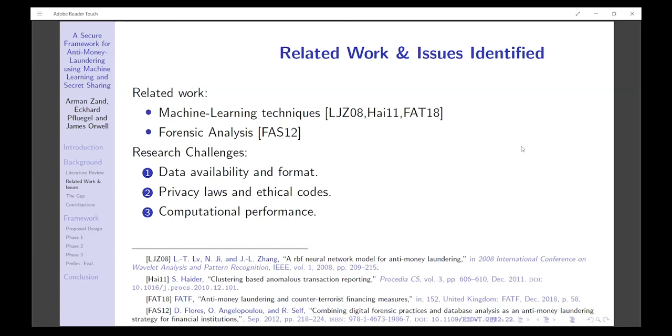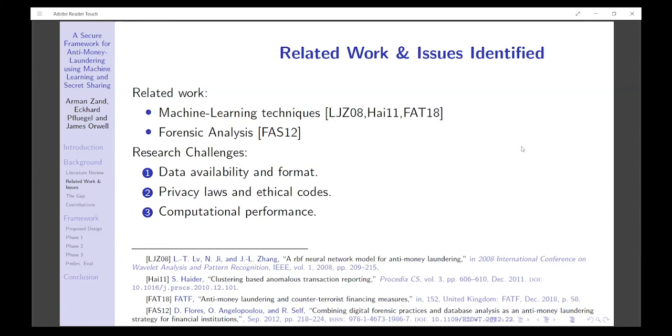One of the techniques is a burst pattern, where money gets sent to one account and then split up to multiple accounts, and those accounts might split up the money again into smaller and smaller chunks. So it's like a tree pattern. Those are the sort of techniques they look at.